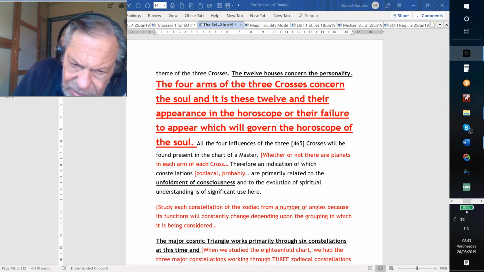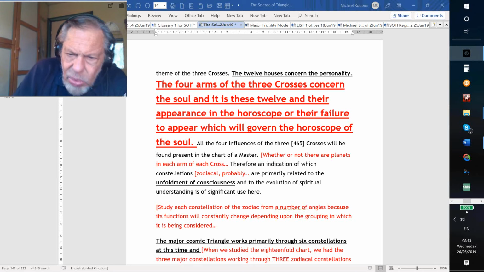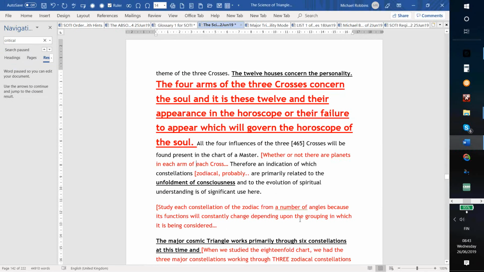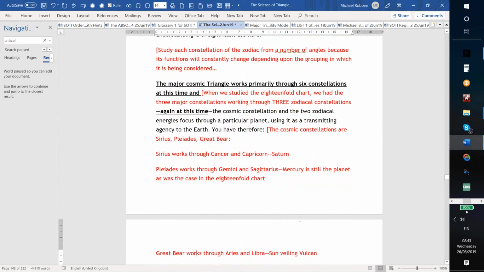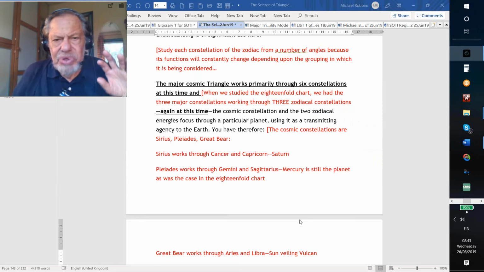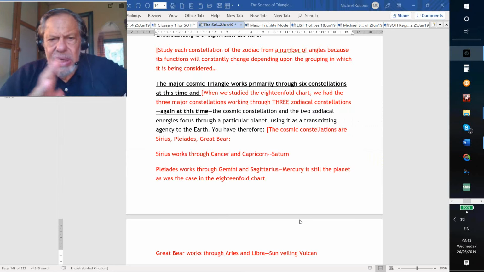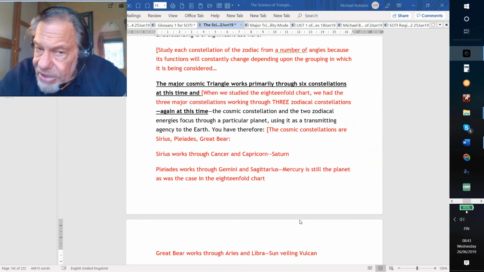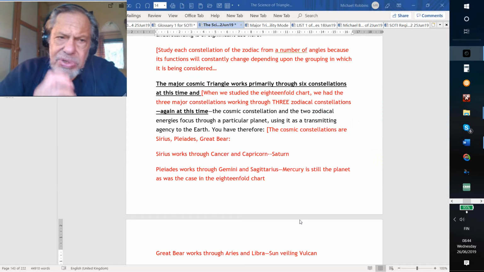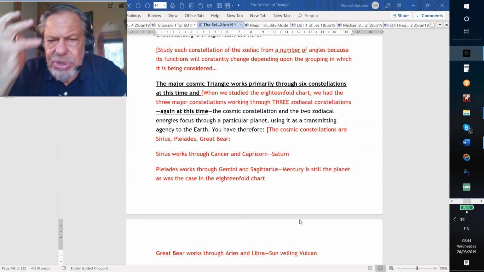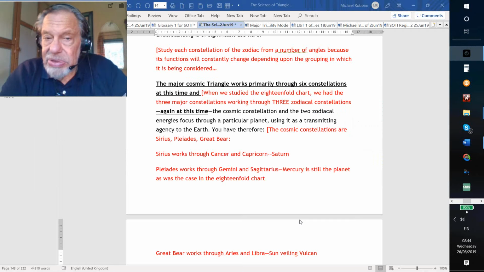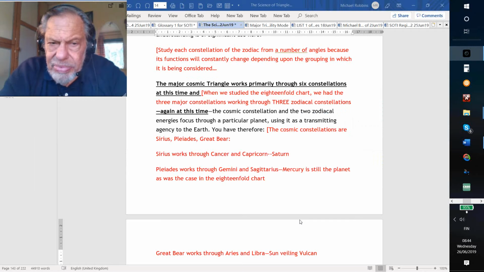The major cosmic triangle works primarily through 6 constellations, and at this time, and again at this time. Remember the law of mutation, how everything keeps on changing its relationship to everything else. So when things are not understood and contradictions appear to be present, always look at the timing of something. What time is he talking about?